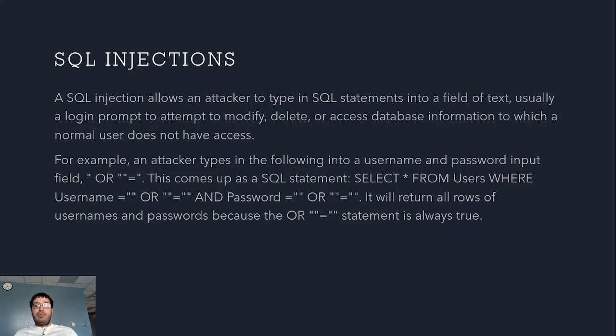This comes up as a SQL statement: SELECT * FROM users WHERE username = '' OR ''='' AND password = '' OR ''=''. It will return all rows of usernames and passwords because the OR ''='' statement is always true.